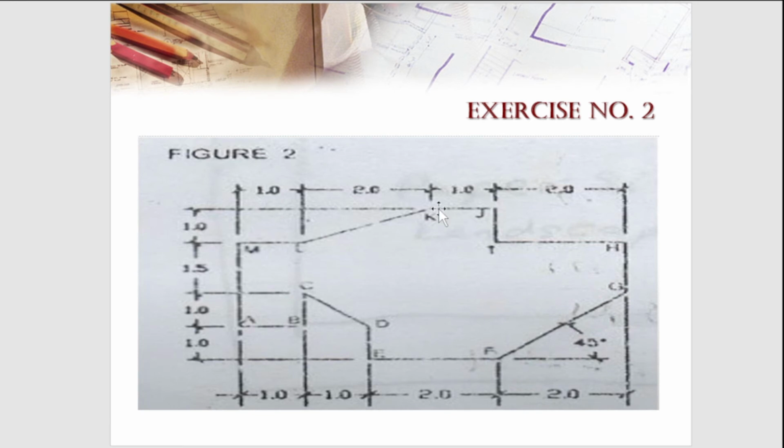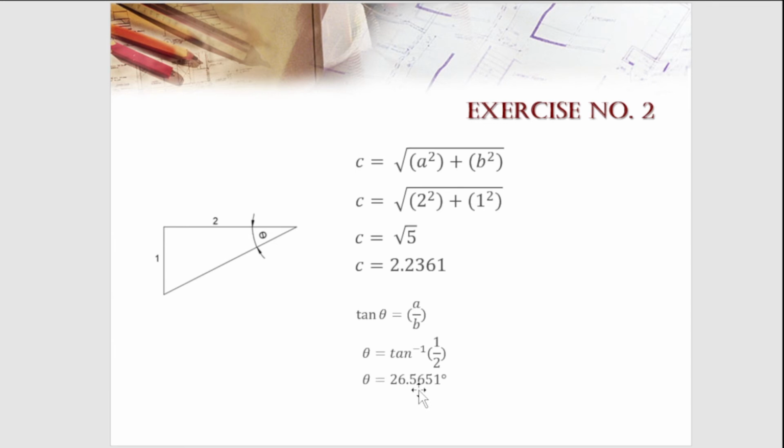Let's see from the figure. From this example, this is the 0 degree. From 0 going to this direction, that is 180. So we're going to add this angle, and we will have the true angle of this line, K to L. So what is our angle again? 26.5651 plus 180. So our angle will be 206.5651.